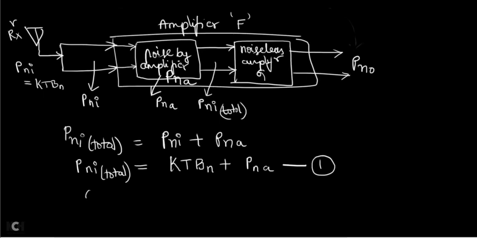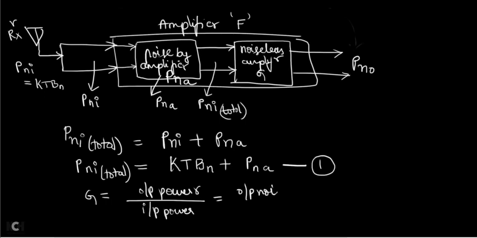Now you can write the gain equation. Gain can be written as output power divided by input power, and this power can be either signal power or noise power. So I can take it as output noise power divided by input noise power. The output noise power for the amplifier is PNO.